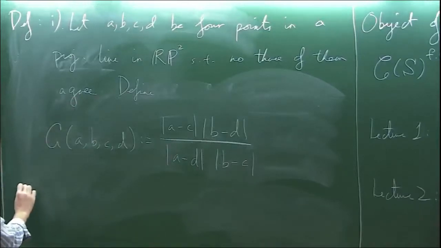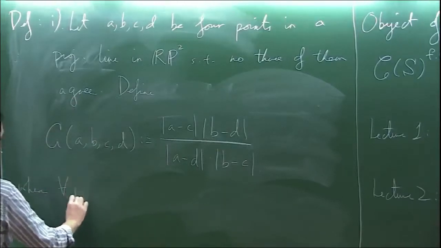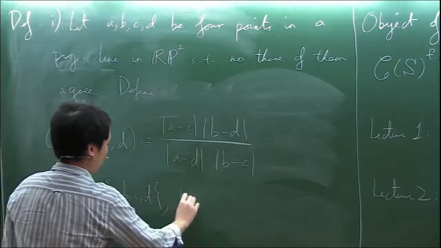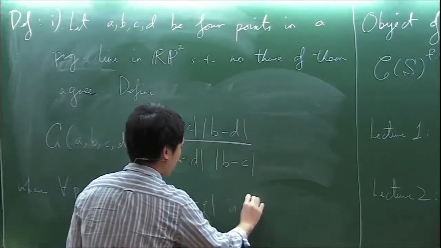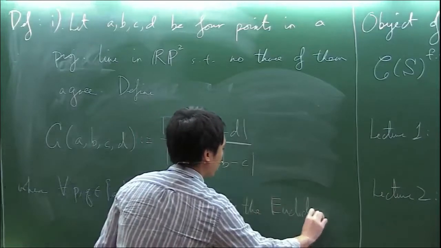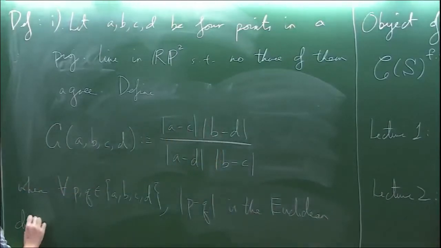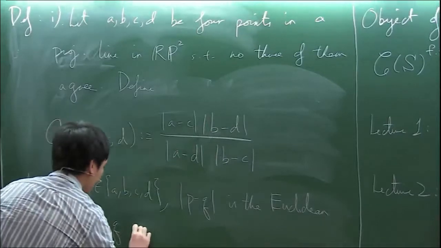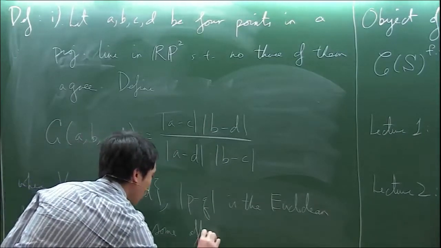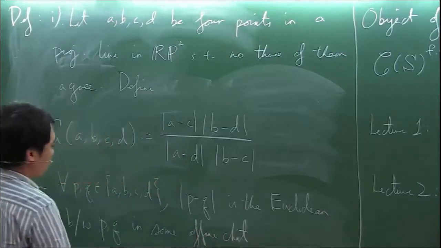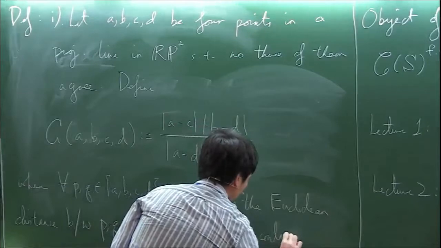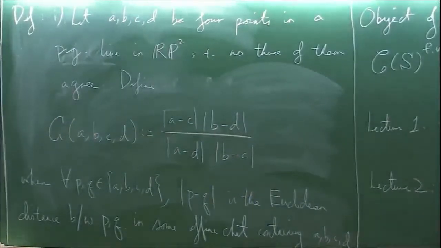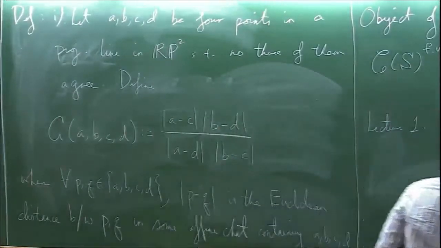where for any P, Q in A, B, C, D, P minus Q is the Euclidean distance between P and Q in some affine chart containing A, B, C, D. Let me draw a picture, maybe illustrate what's going on.